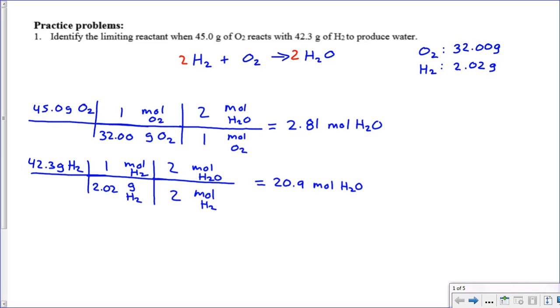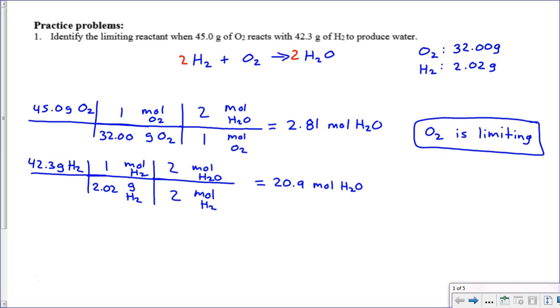Okay, and so again, summarizing what's happening here, we have enough oxygen to make 2.81 moles of water. We have enough hydrogen to make 20.9 moles of water. All right, and so what we have here is a limiting reactant of oxygen. So we know that oxygen, or O2, is limiting because it limits how much we make. We're actually, in the end, only going to make 2.81 moles of water.